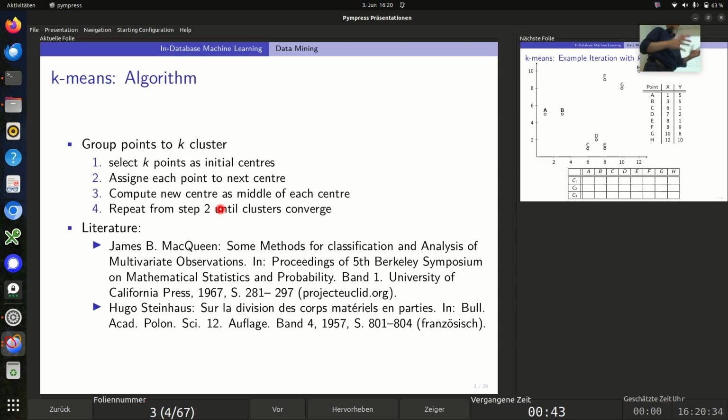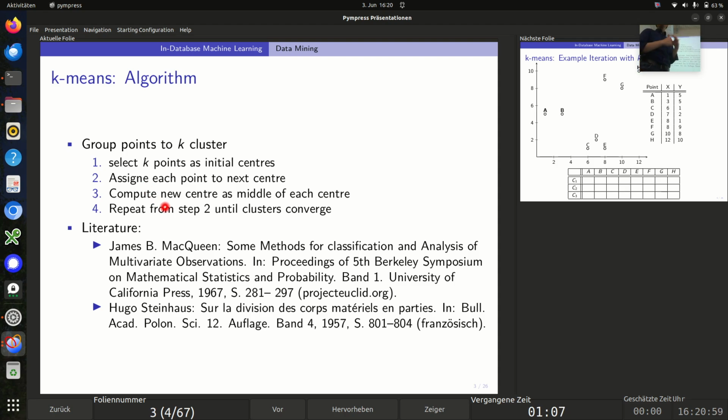So k-means basically is named k-means because it has k clusters. So in the beginning you specify how many clusters you have at the end. Therefore you start with k arbitrary random points. These k arbitrary random points form the initial centers. Then you want to assign each point to the center that is the closest.